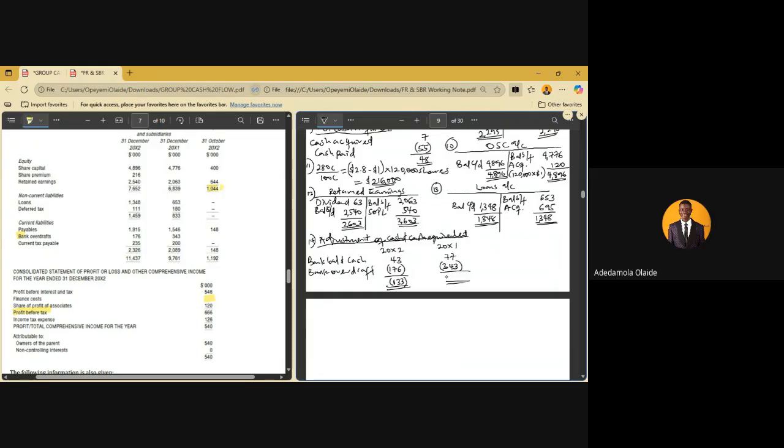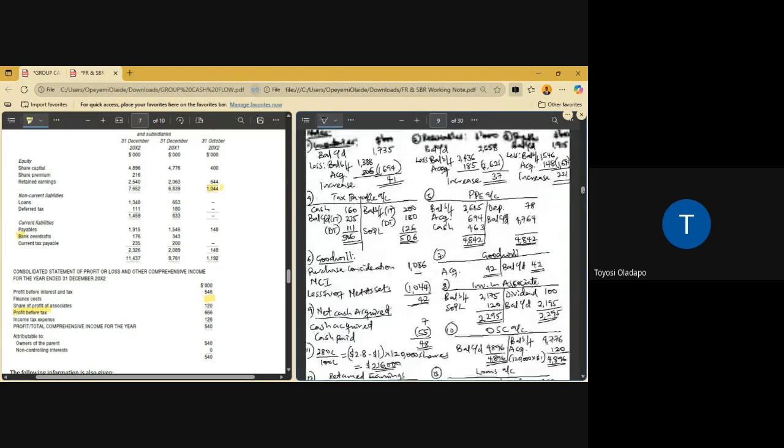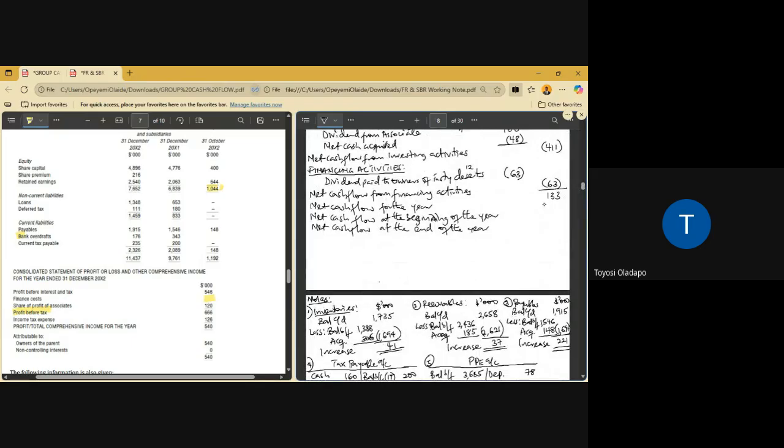Negative what? 266. So if we have negative 266 here as balance at the beginning of the year, what is this supposed to give us?